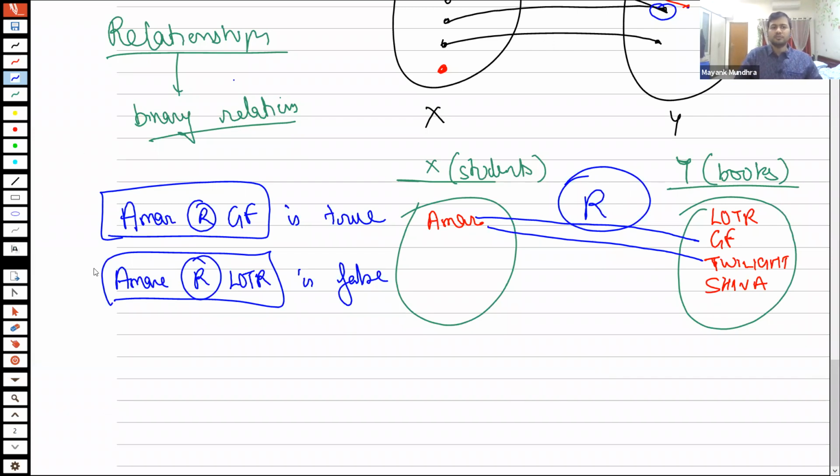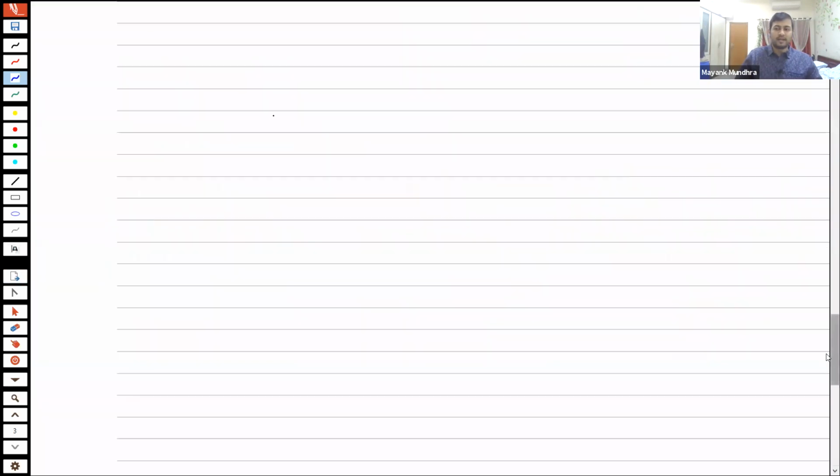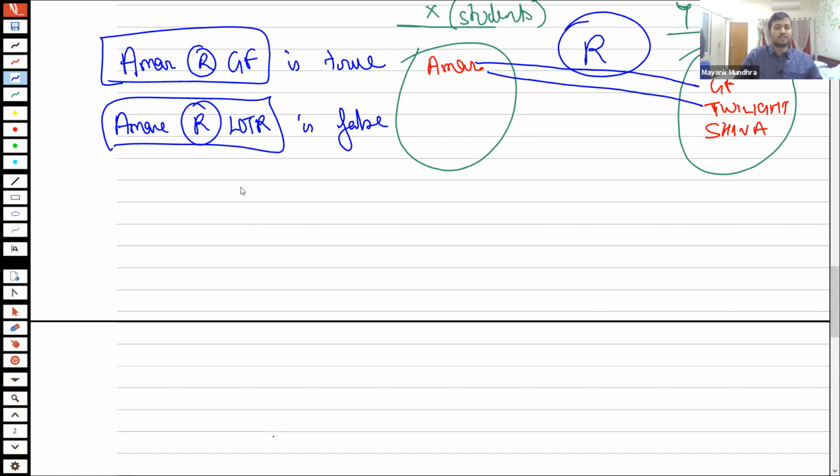Okay. So suppose I want to look at an example from the world of mathematics. Such a binary relationship is the greater than sign. So the greater than sign is defined from the set of real numbers to the set of real numbers.